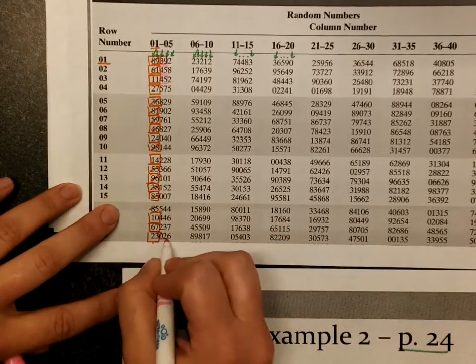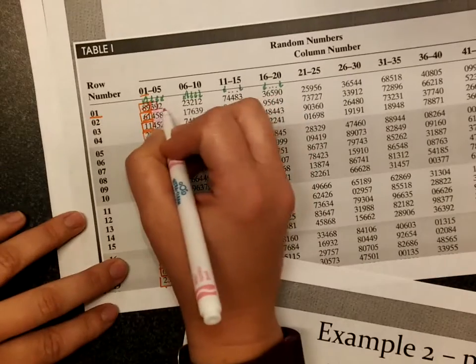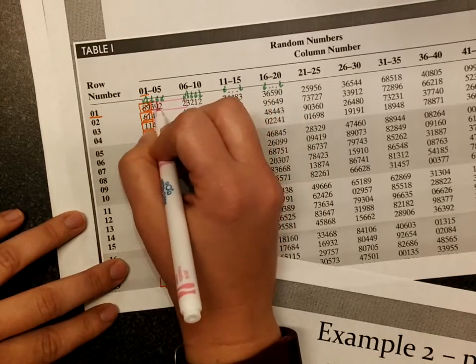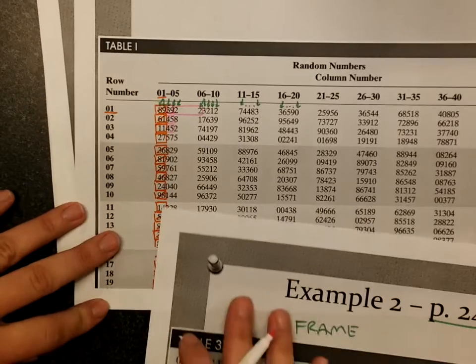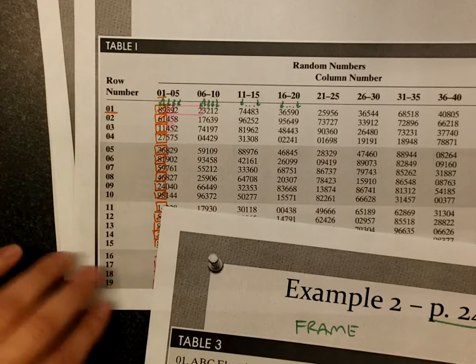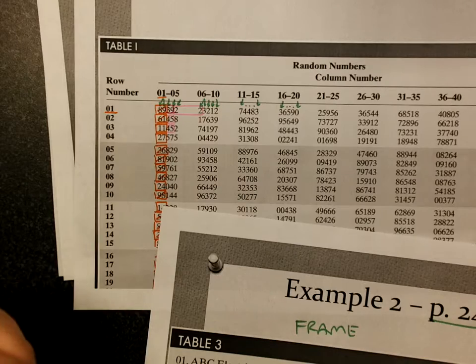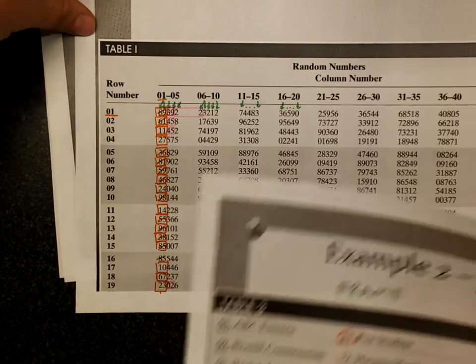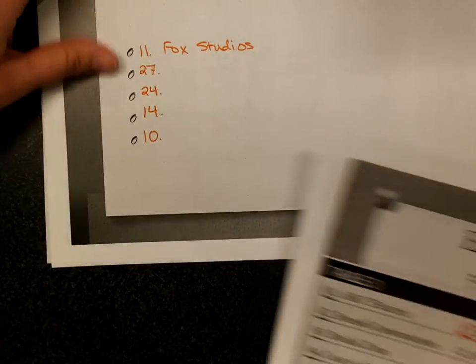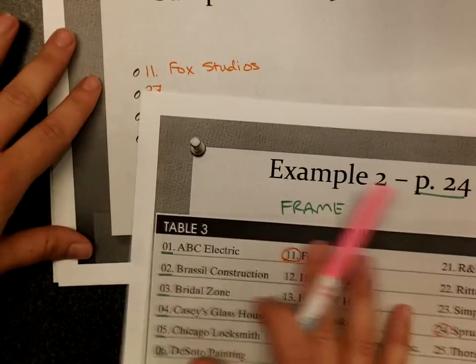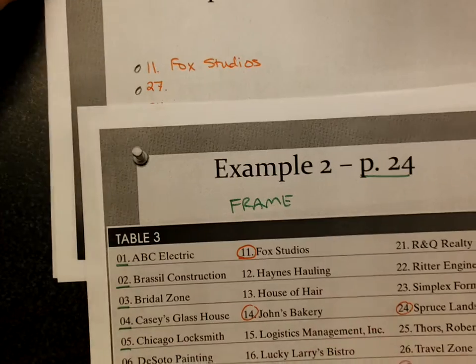If you get down to the bottom and you need to go back up to the top, then 22 would be your next one. So it's next to the next column over at the top, and then again you just keep going down. So if you're having trouble with that, just let me know. So that is how to choose a sample of size 5 using the random digit table.